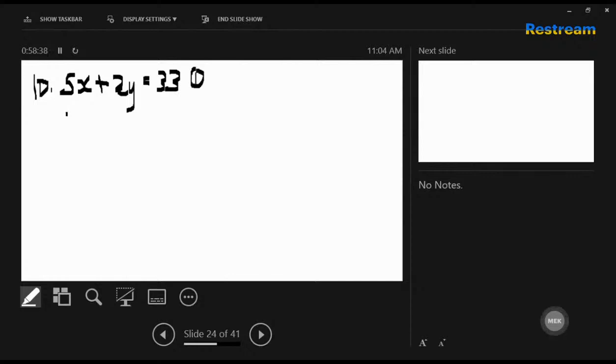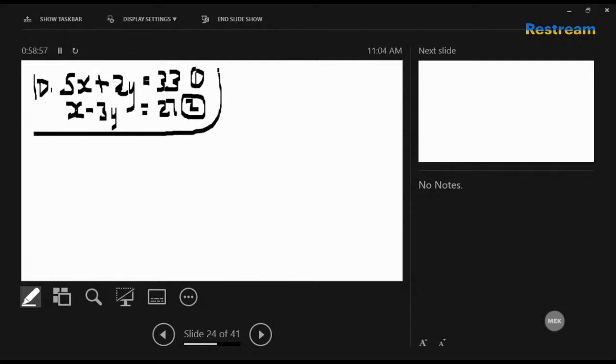And x minus 3y is equal to 27. None of the coefficients is the same as the other.